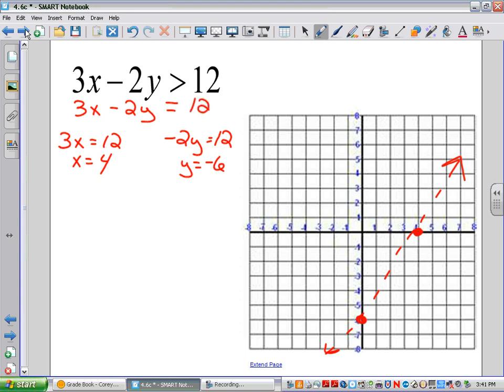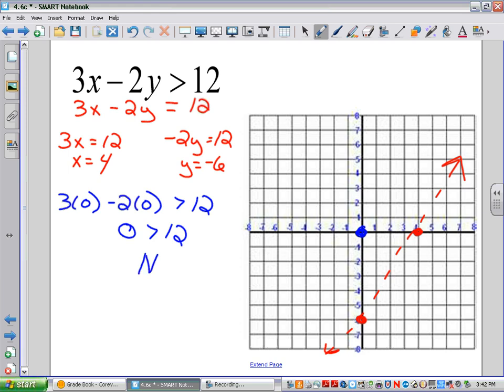Now my test point, I'm going to mark 0, 0 right there. So let's plug this in. 3 times 0 minus 2 times 0 is greater than 12. Well, that would be 0 minus 0, which is 0, is greater than 12. Is that a true statement or a false statement? Is 0 greater than 12?